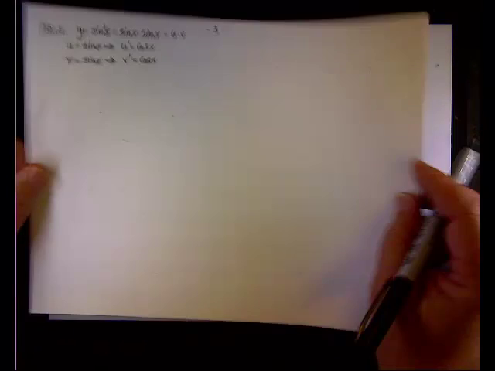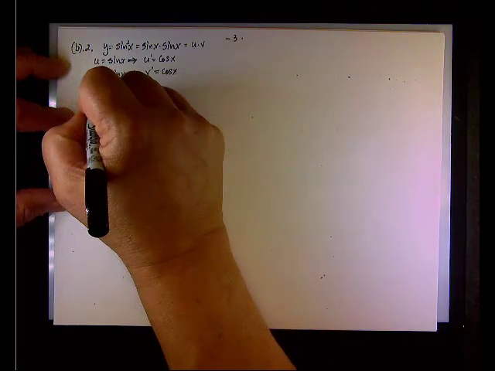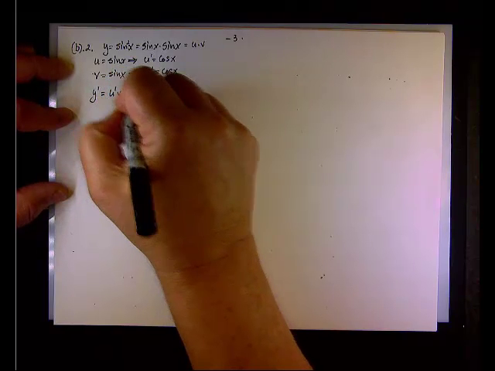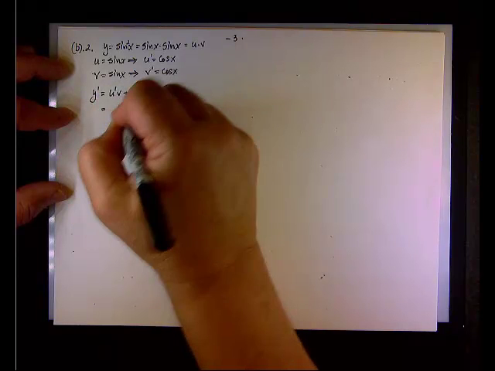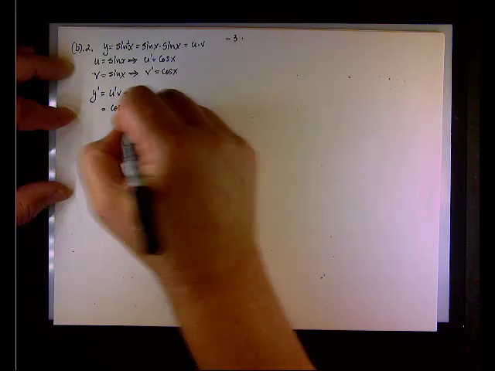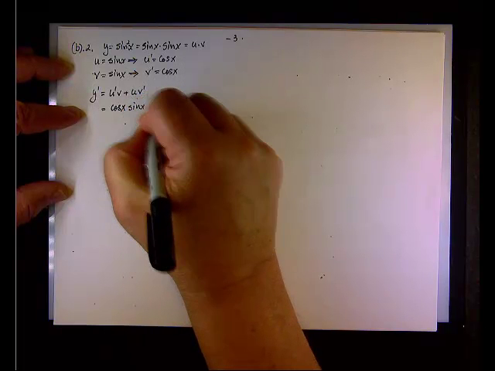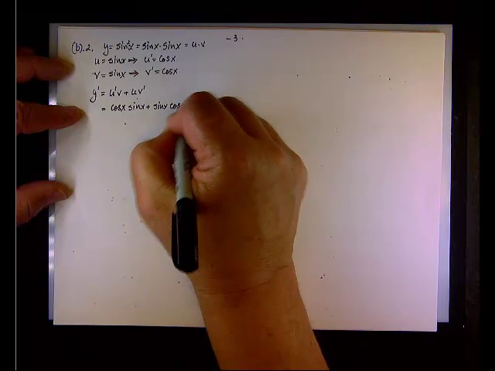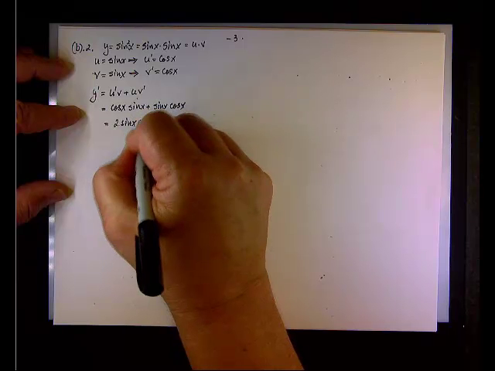Looks strange, isn't it? But when we do dy dx, so let's do y prime here, it is u prime v plus u v prime. U prime is cosine times v, which is sine, plus u, which is sine, times v, which is cosine.